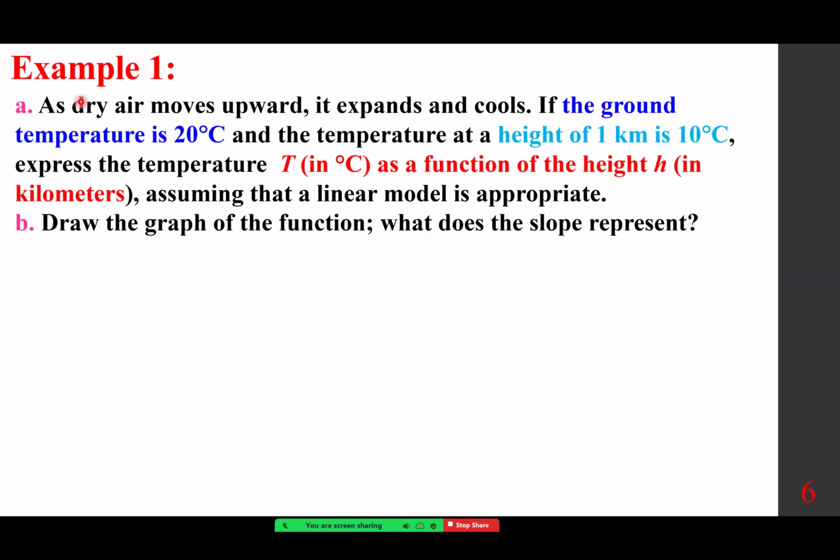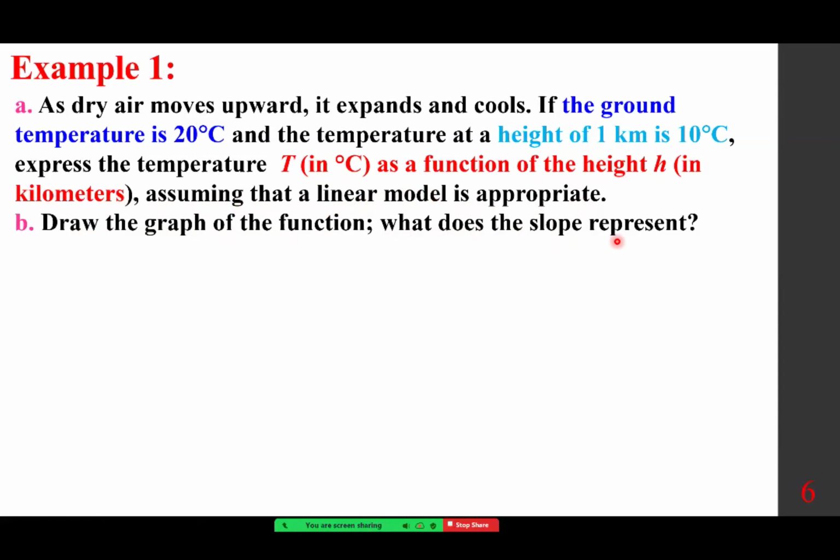Here's example 1. As dry air moves upward, it expands and cools. If the ground temperature is 20 degrees Celsius and the temperature at a height of 1 kilometer is 10 degrees Celsius, express the temperature T, in degrees Celsius, as a function of the height h in kilometers. Assuming that a linear model is appropriate, draw the graph of the function.